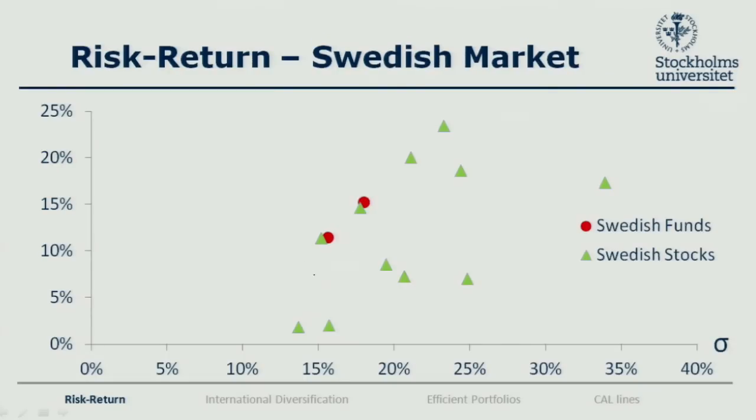That means more return than the OMX 30 was, which was somewhere around here maybe. And at least one of them is slightly riskier up there. So that's just an example of 2 Swedish funds. There are probably those who have gone better, those who have gone worse, those who are more risky, and those who are less risky, but at least they are examples.